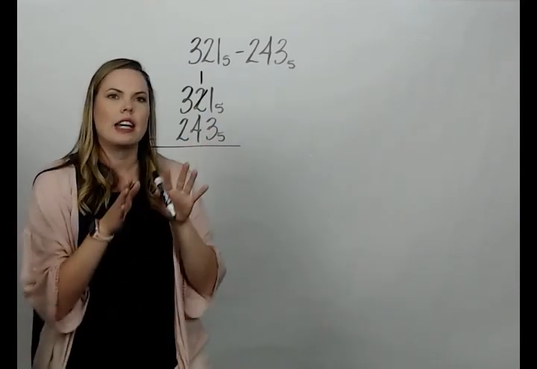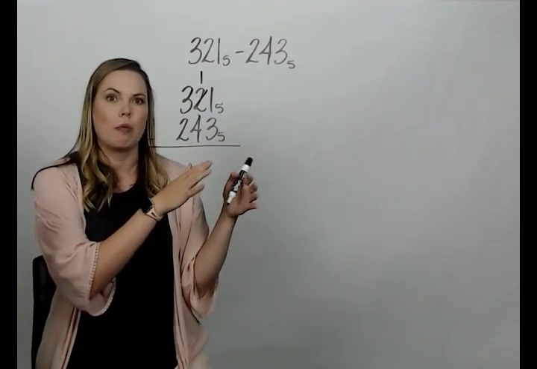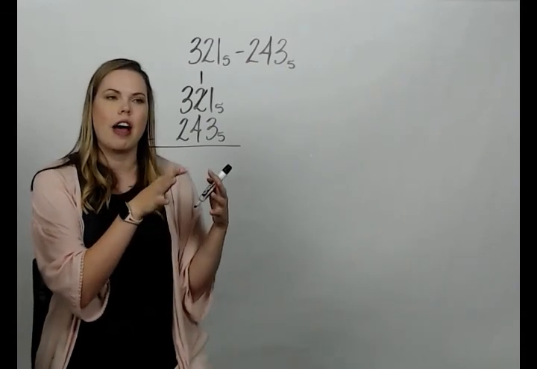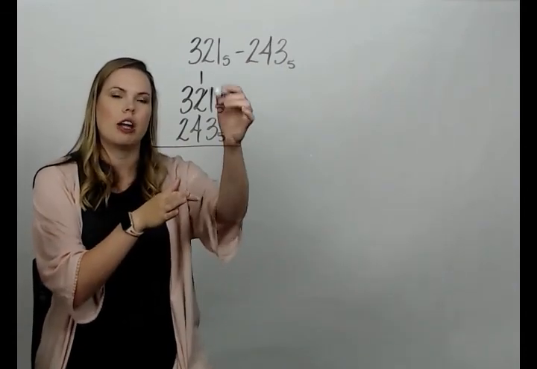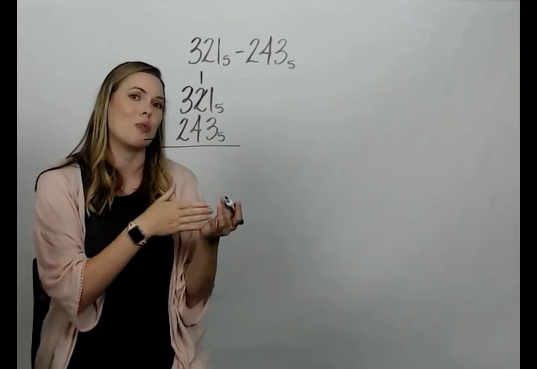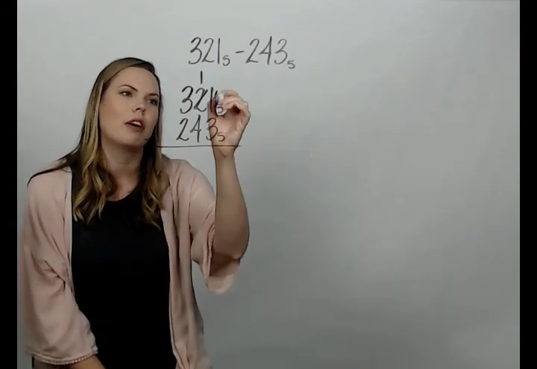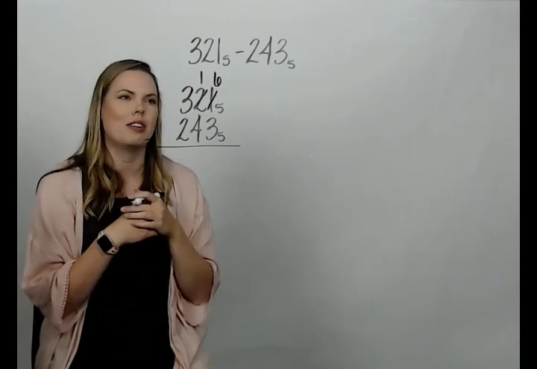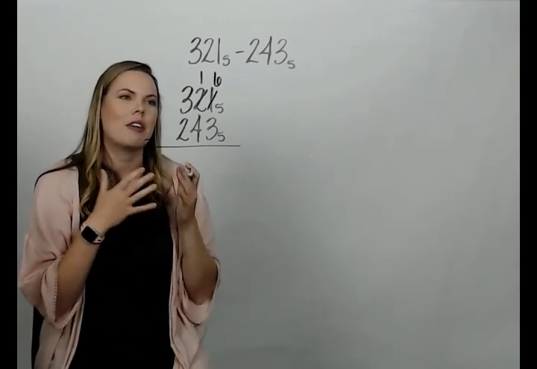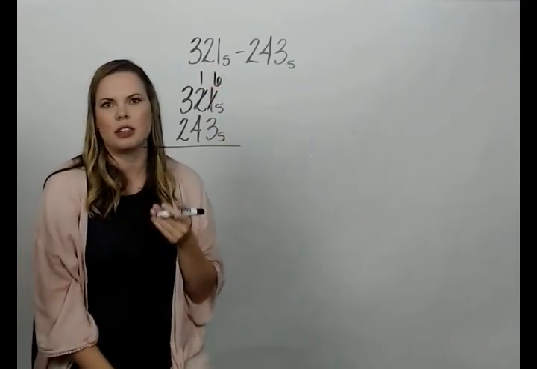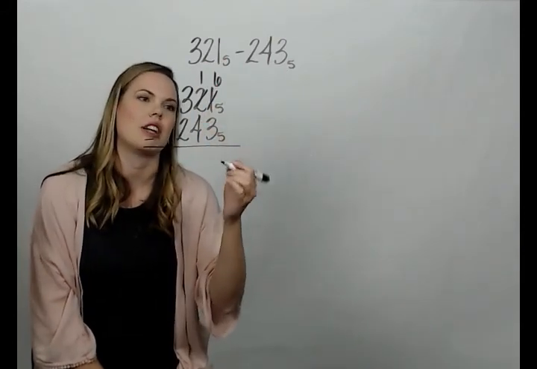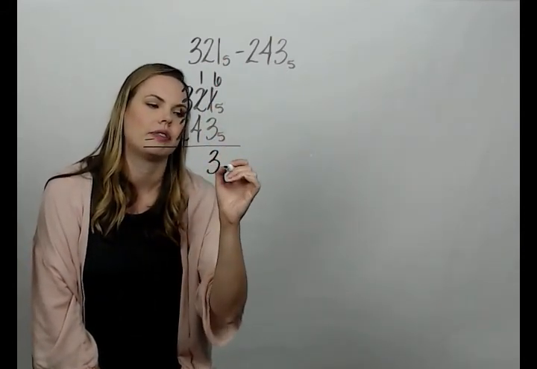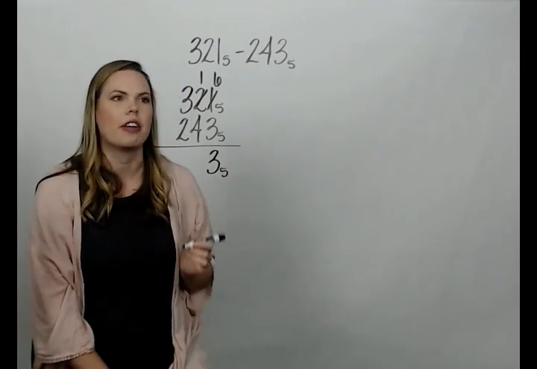And I'm going to give that 5 to my 1's. So now I have 5 1's plus the 1 I already have, so I have 6 1's. I think it's perfectly fine to write 6 and not the 1 1, because then you have to think through that again. Go ahead and write 6 and then do the subtraction. 6 minus 3 is 3.